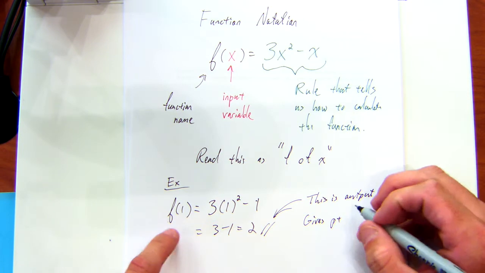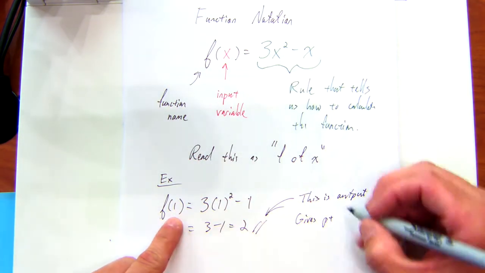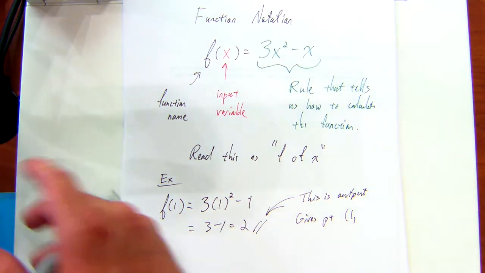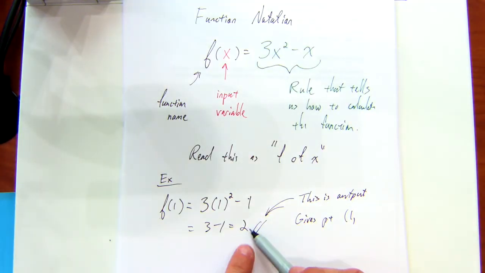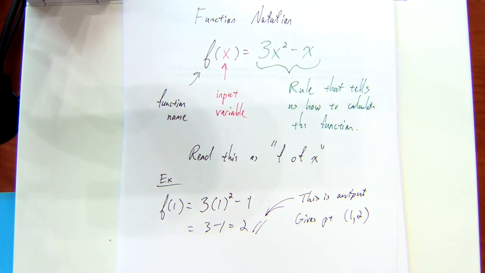It gives the point, or the relation, remember a point is a relation: x is 1, and my output, if you go back to your definition, is your y. So this is my output, so what is my y? 2. Okay? So this is how we calculate functions, how we're going to use them.